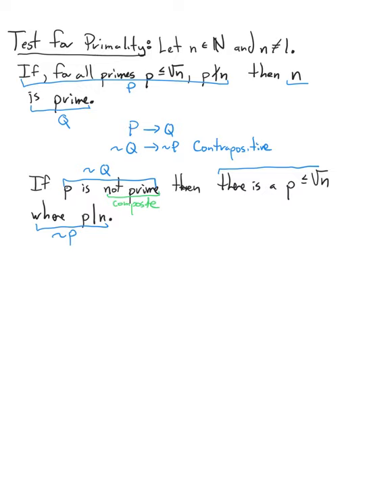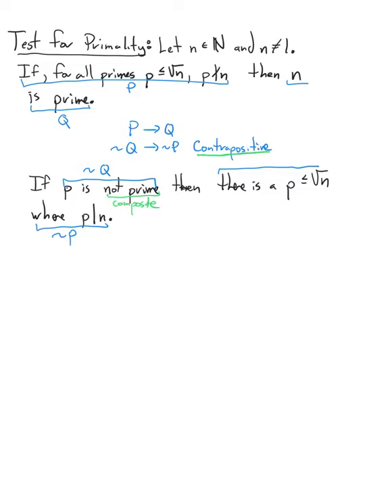Now, to prove this, it's a little bit easier if we prove the contrapositive instead of the original statement. Remember, the contrapositive is where you flip and reverse the if and then parts of your conditional statement. And remember, these are logically equivalent. They mean the same thing.